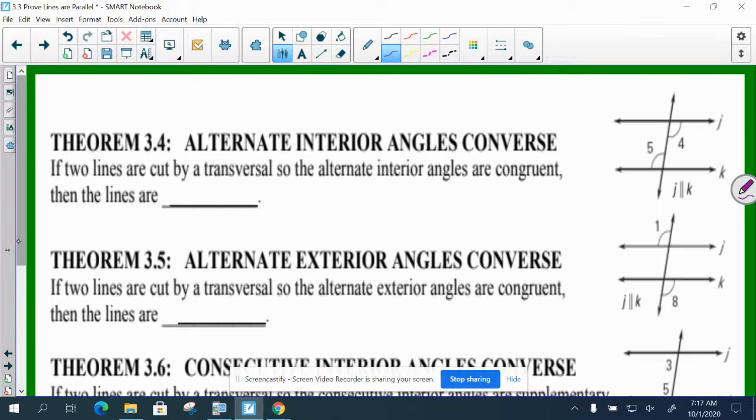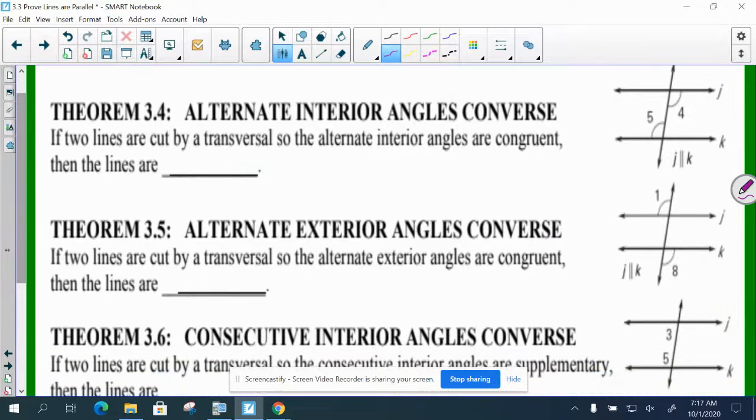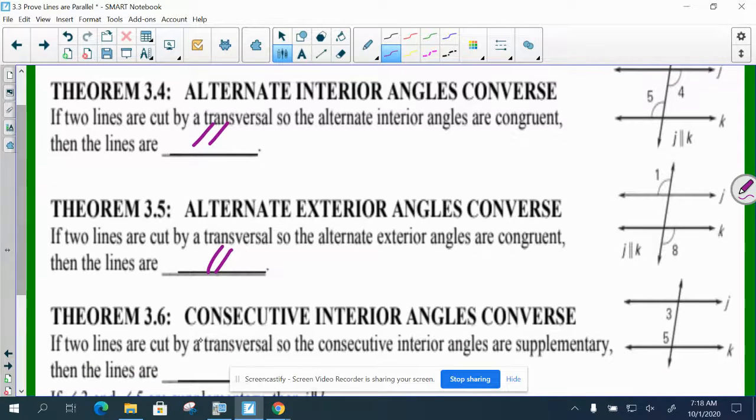And then the opposite is true for the other theorems. If two lines are cut by a transversal so that the alternate interior angles, exterior angles, and consecutive interior angles are congruent and supplementary, then the lines are parallel. So just pause the video here and make sure to write all this down.